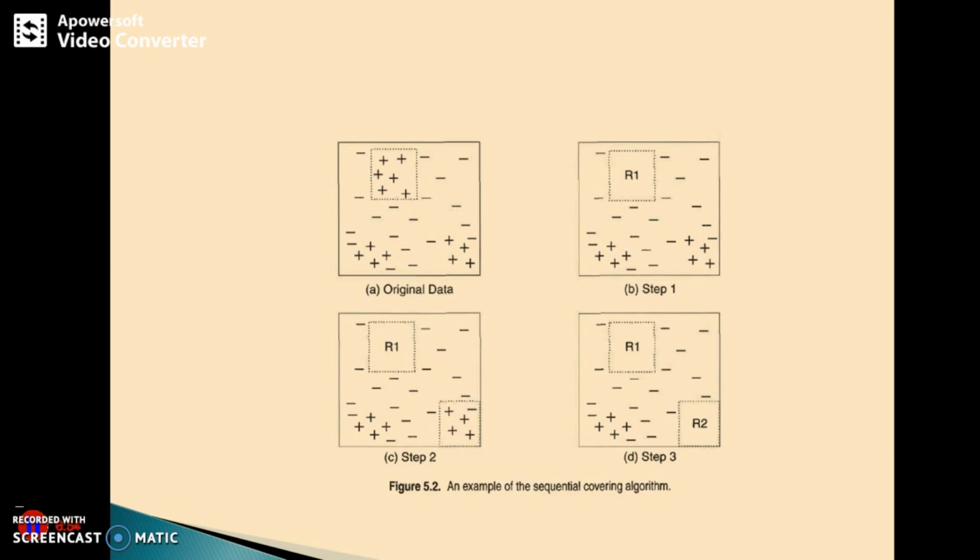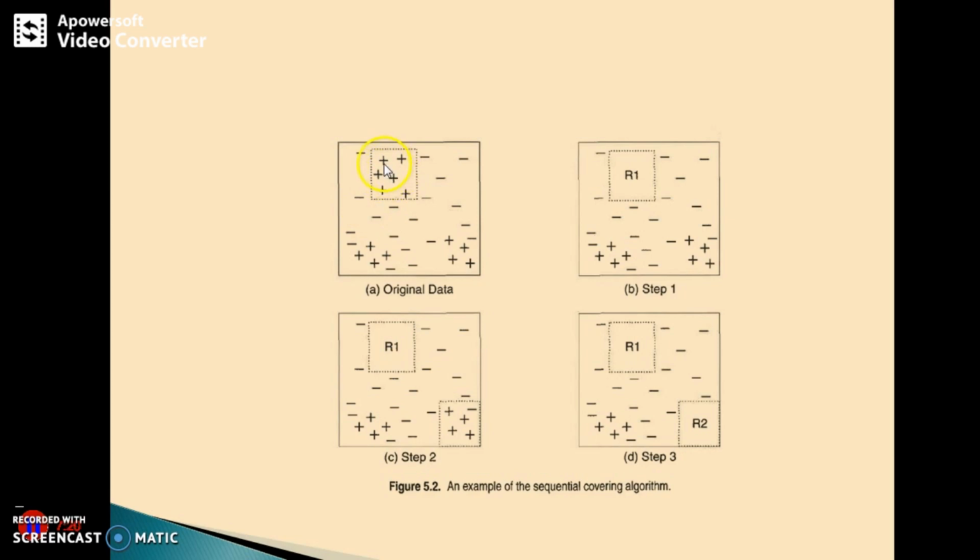In our vertebrate data set, do you remember we had 15 records, 15 rows in the table? Here you can see the collection of negatives and positives. Negative and positive indicate the classes, so I have only a positive class and a negative class. Let me take positive as mammals and negative as non-mammals.